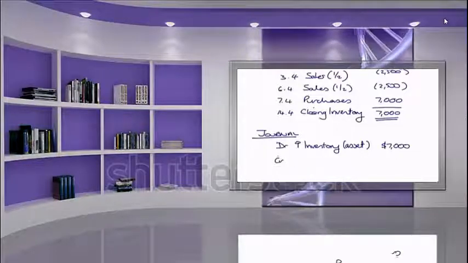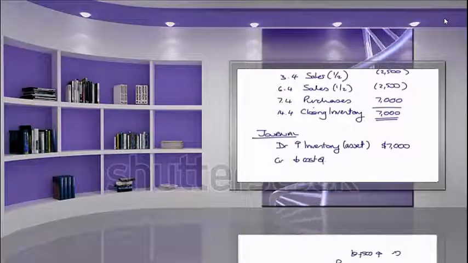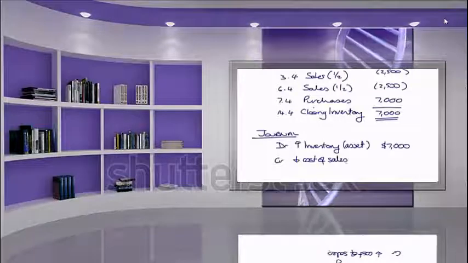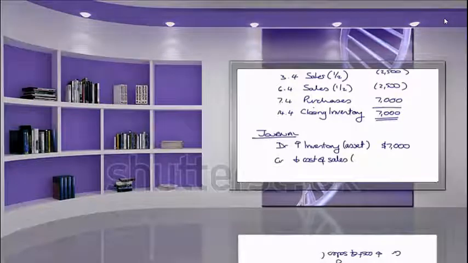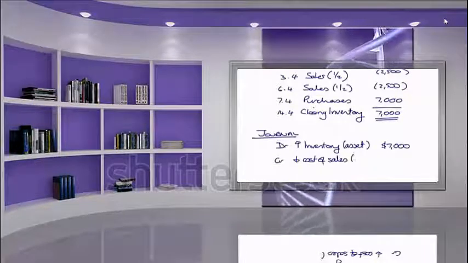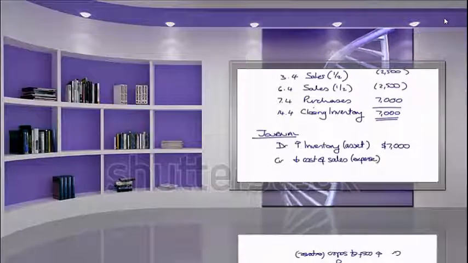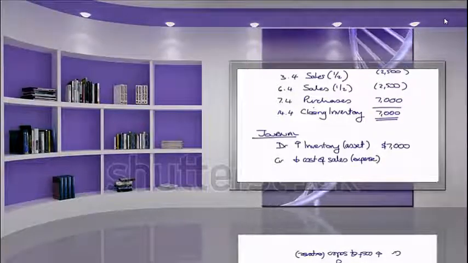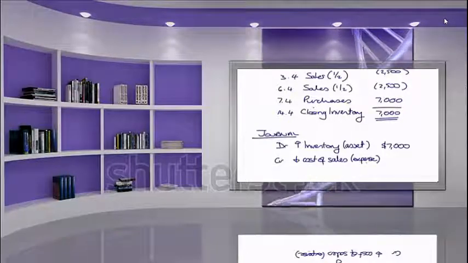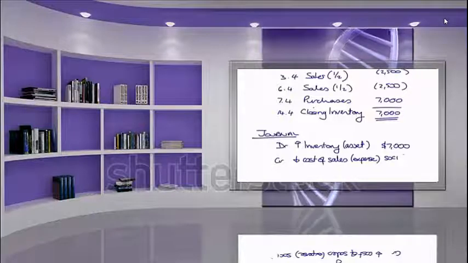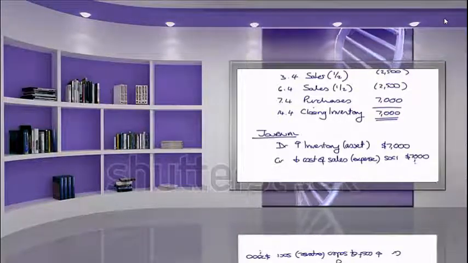So what we're going to do is decrease cost of sales. And cost of sales is essentially all your expenses or costs to make what you sold. And to reduce cost of sales in the statement of comprehensive income, so just write there SOCI, we're going to do that with the inventory valuation of $7,000.